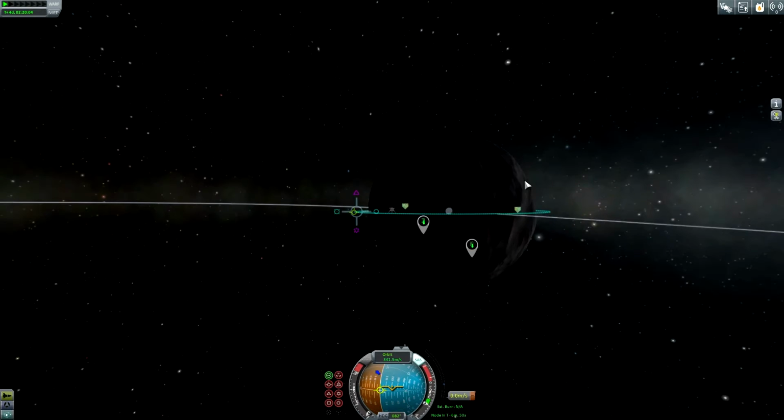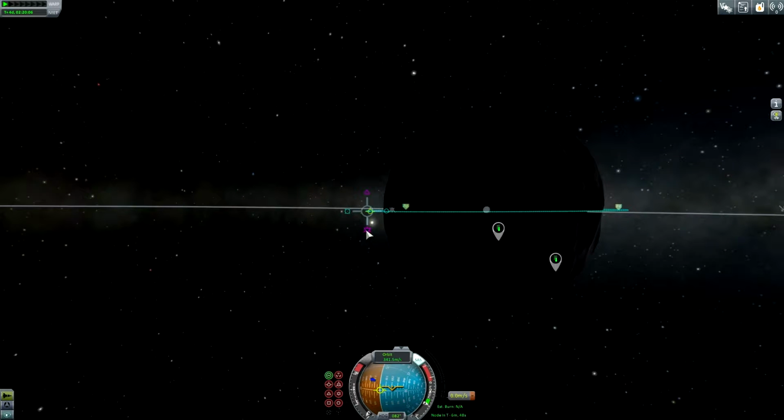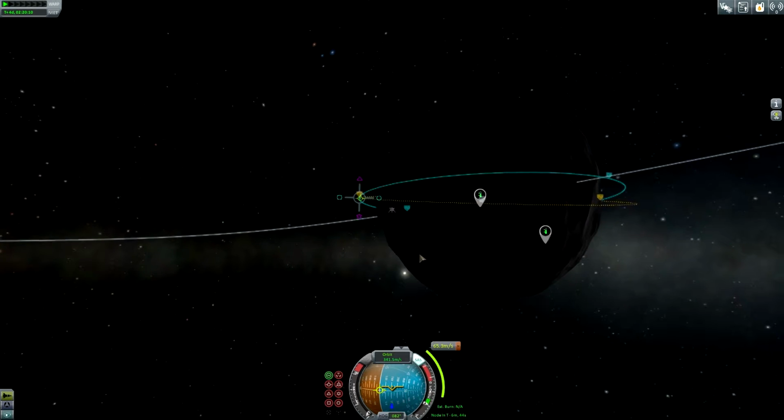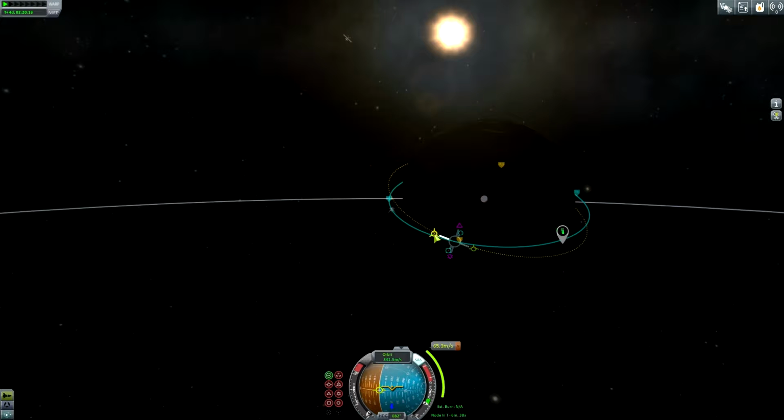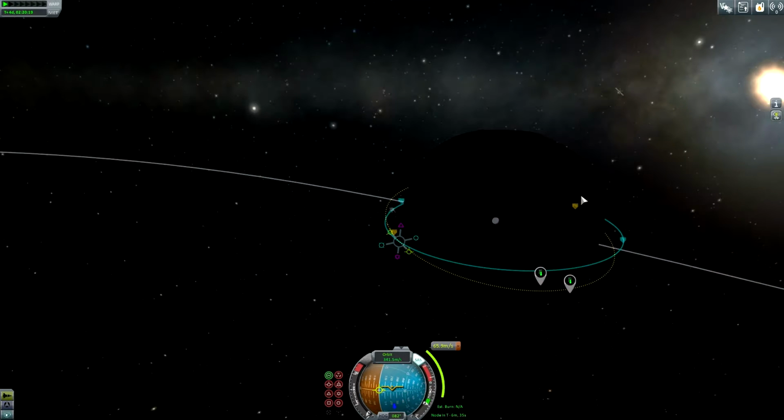I'd like to add a maneuver and change the inclination of my orbit so that I am flying more or less directly above this location. This will also change the altitude of my orbit, so I'd now like to reduce the periapsis a bit, 11 kilometers.